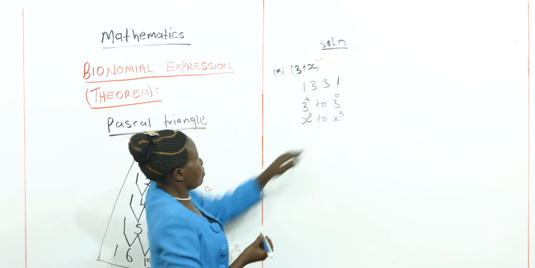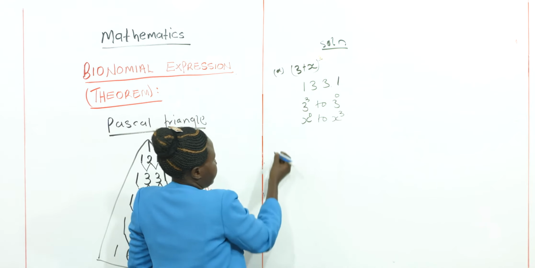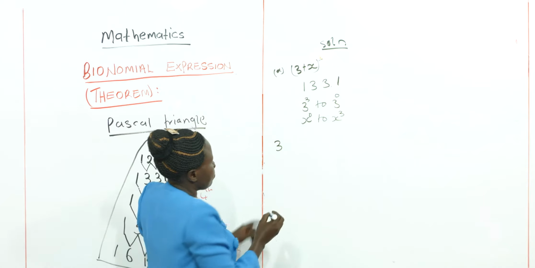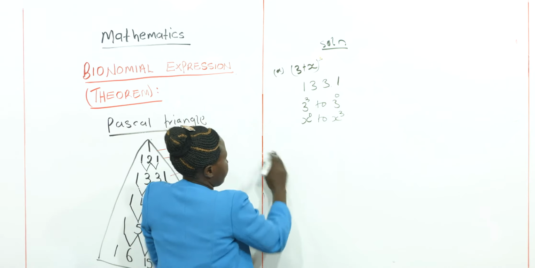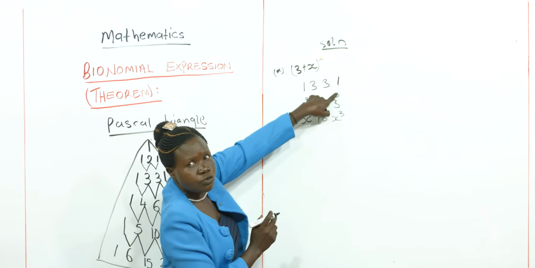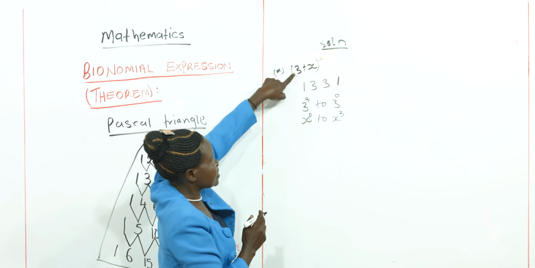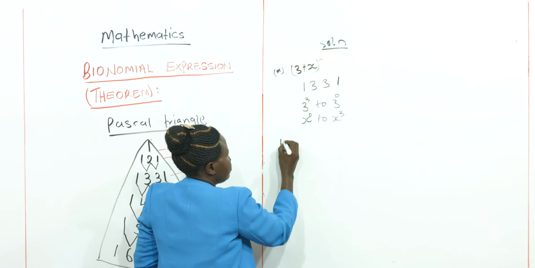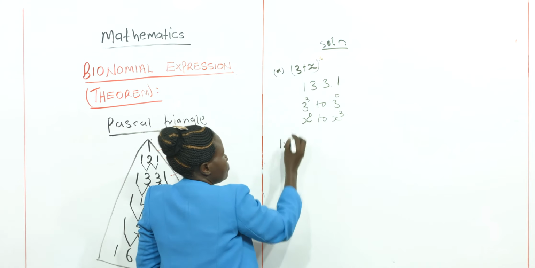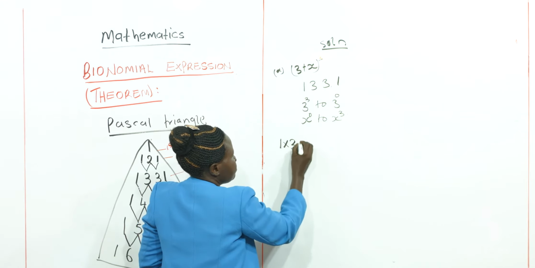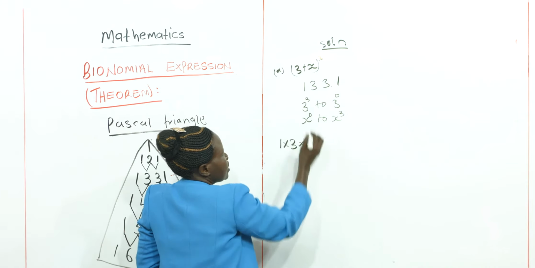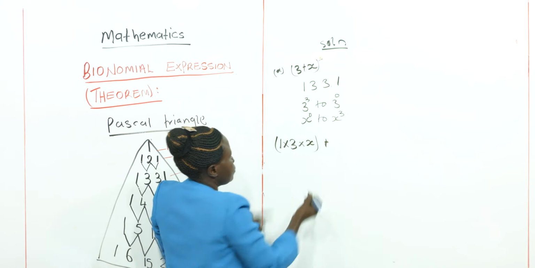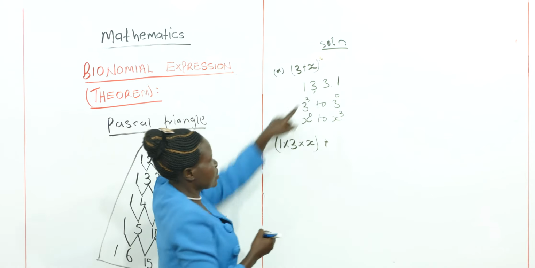So let us go ahead by now expanding. We use these numbers here to multiply with the first term. So we shall have the first number here, which is 1, times term 1, which is 3, and then times term 2, which is x, and then you say plus. You go to the second one, which is 3.